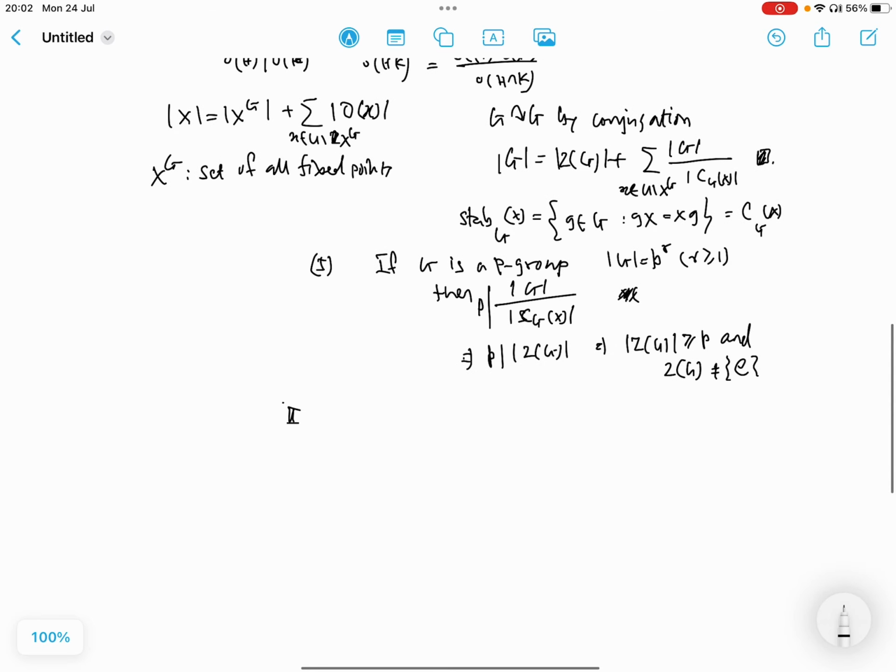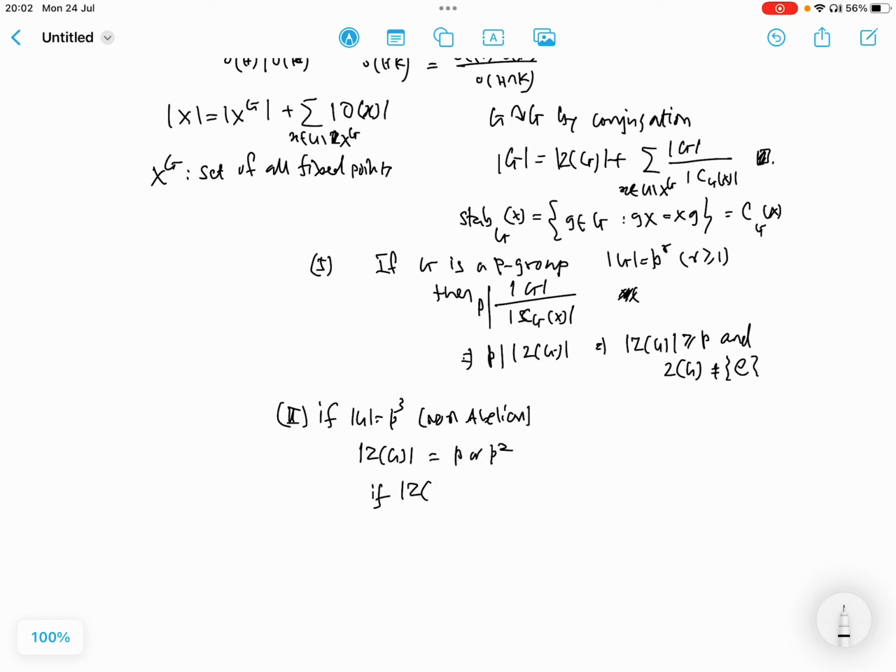And number two, if you have a group of order pq, say non-abelian, then from the last observation, it follows that the possibilities for the center is that it's a subgroup of order either p or p squared. But if the order is p squared, then you get a contradiction that is easy to see, because the index of the center will then be p.